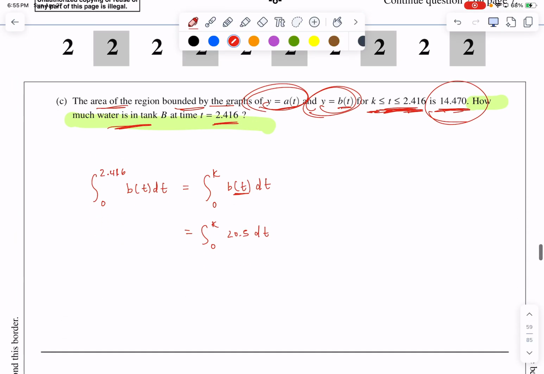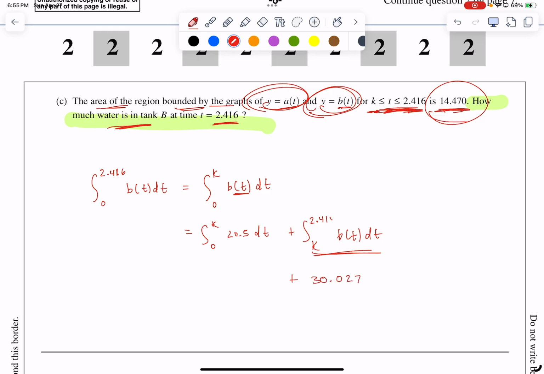What does it equal? Tell me what it is so I can write it down. So it'd be plus the integral from K to 2.416 of B of T dt, which you guys just found, is what? 30.027. You're not going to erase that decimal.